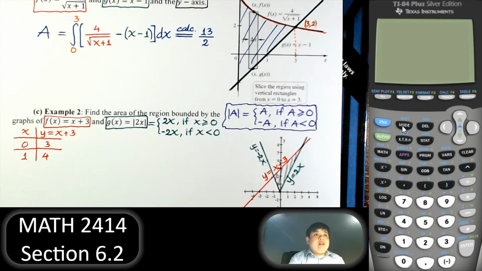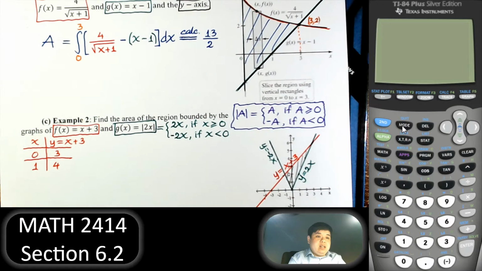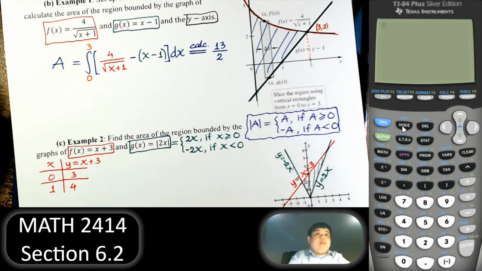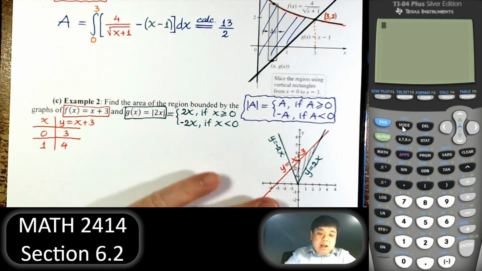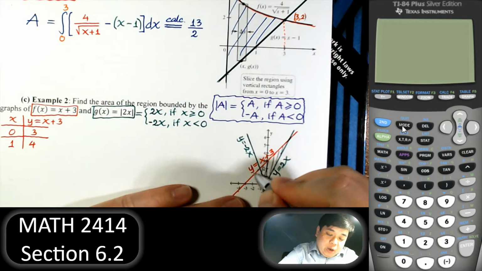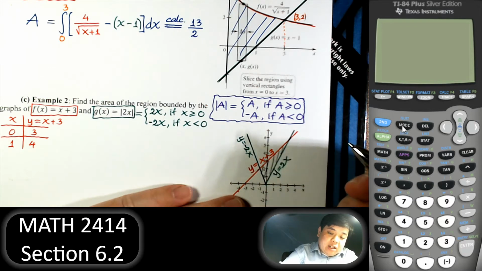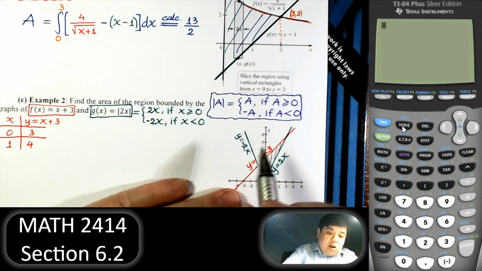Right. So first, if we want to, we can use absolute values, but usually if we do it by hand, that's not going to be the case. So first, we need to find the intersection. y equals x plus 3 and y equals negative 2x. We make them equal to each other.